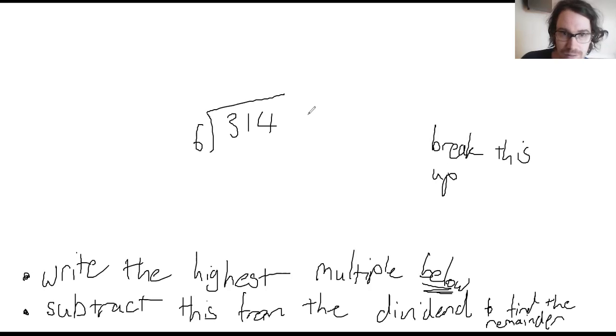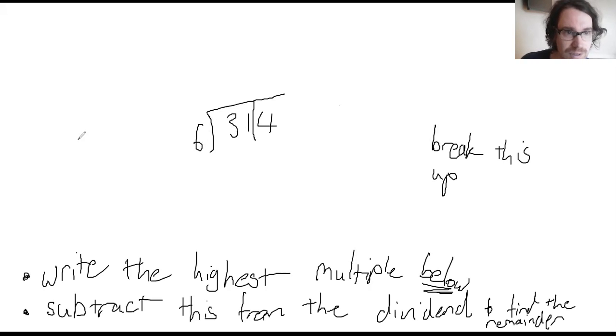So we're now going to find what the highest multiple of 6 is for 314. Let's start by doing 31 divided by 6. So this is what I mean by break it up. We're going to do exactly the same thing as before.